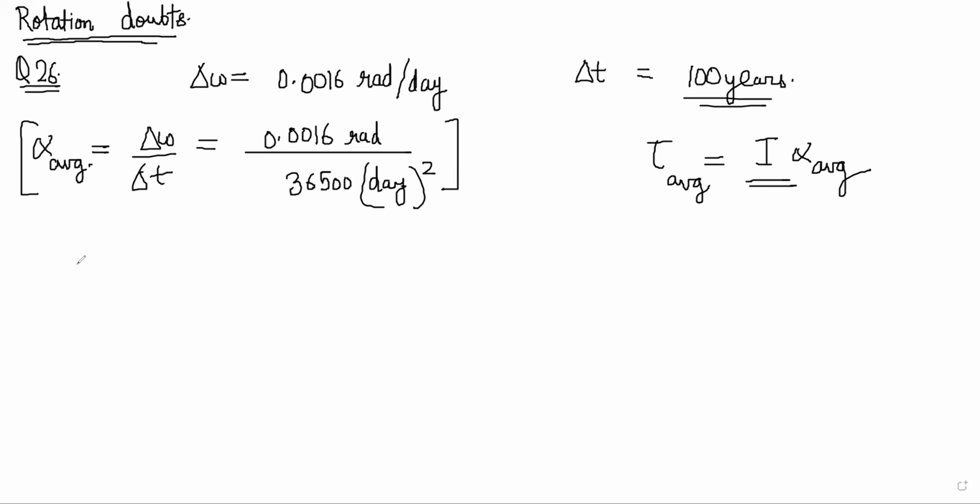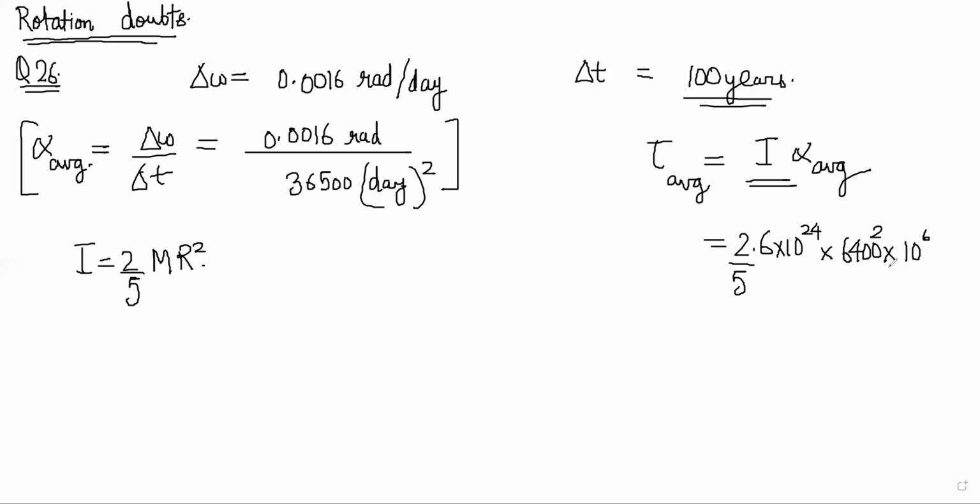So the moment of inertia of the earth will be 2 by 5 mr square. M is 6 into 10 power 24, into r square. R is 6400, so 6400 square into 10 power 6 to make it SI units. And now you have to multiply by alpha also.